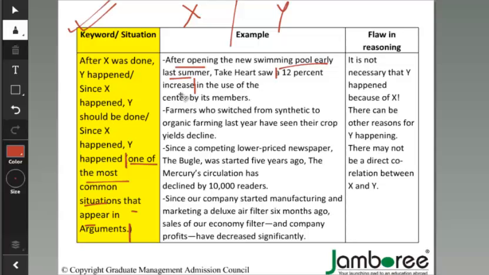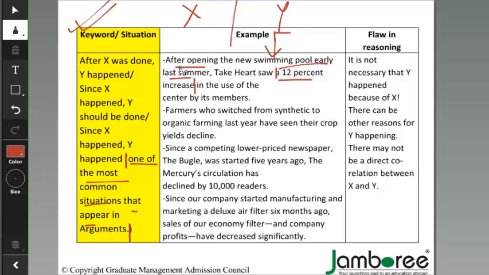So what you should ask is, okay, during early last summer, in addition to this, something else may have happened. You can also say that this 12% increase need not be only because of the swimming pool.